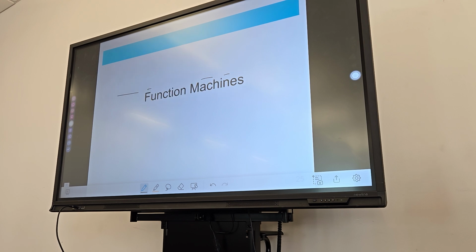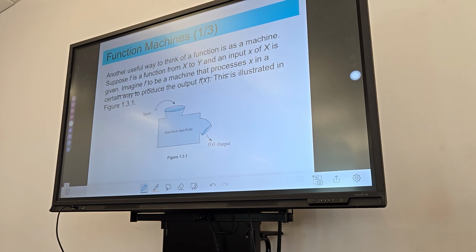Now, another way to look at functions is as a machine or a black box. Suppose f is a function from X to Y, and an input x of the set X is given.